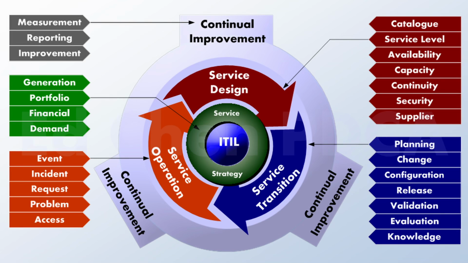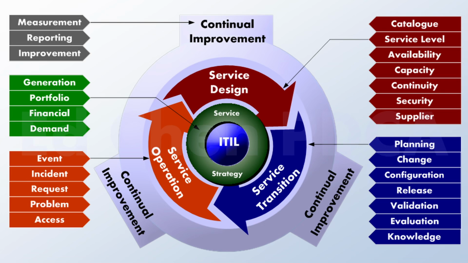The structure of ITIL 3 is depicted very nicely on the slide behind me. What you can see there is the life cycle of an IT service. It's divided into 5 phases, and each phase contains a number of processes. So we can imagine that the idea for an IT service is born in service strategy.